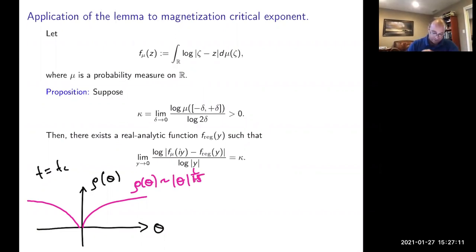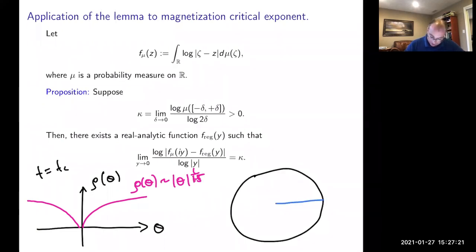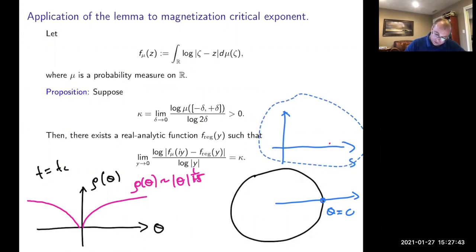And then this is telling you that if you pass through here, here's theta equals 0, then the free energy, this is S or something, is going to have this singularity with the same exponent. So maybe I should, sorry, this isn't set up so well.